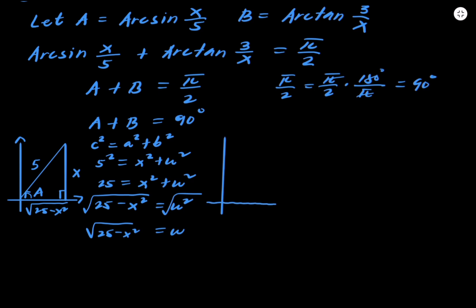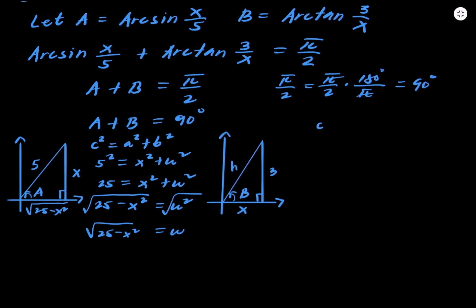Now let us draw the other angle. So we have angle B, another right triangle. So suppose this is angle B. Angle B is in terms of arctangent. Tangent is opposite over the adjacent. So the hypotenuse is unknown. Let us denote H as the hypotenuse.